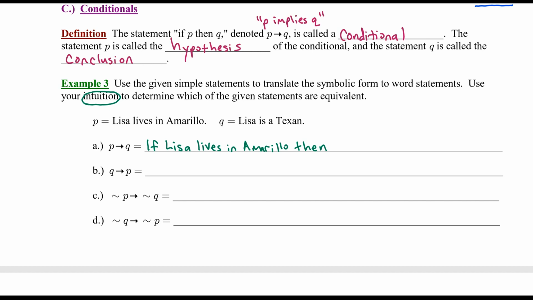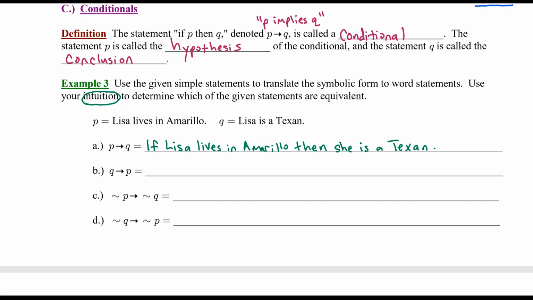We could also say she is a Texan. If Lisa lives in Amarillo, then she is a Texan. The hypothesis of that conditional is statement P, Lisa lives in Amarillo. The conclusion, which is what the hypothesis implies, is Lisa is a Texan.